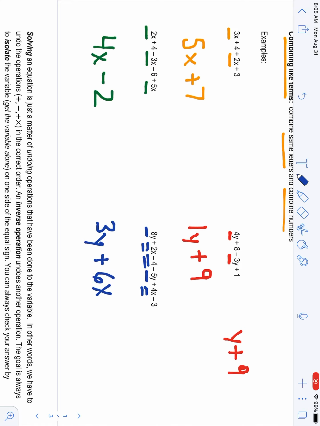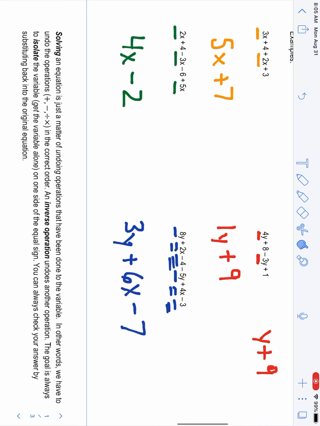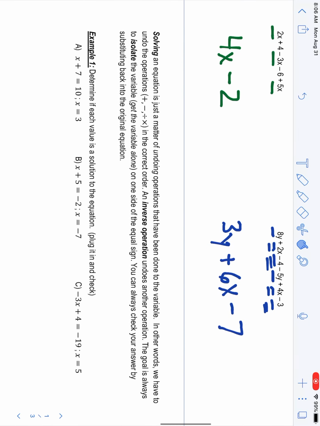I have a negative 4 and a negative 3, so negative 4 minus 3 is negative 7. Now, we are all done there. I cannot combine anything because I have x, y, and a number, so all different. All right, so combining like terms, that'll come into play when we start to get to bigger equations later in this chapter to solve. All right, let's get to solving.